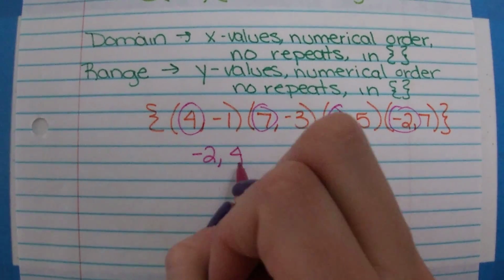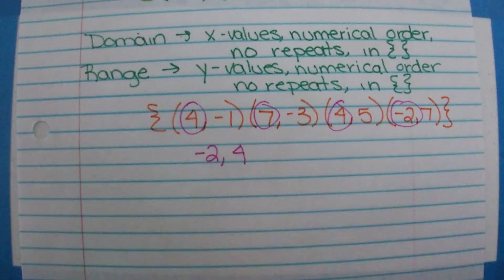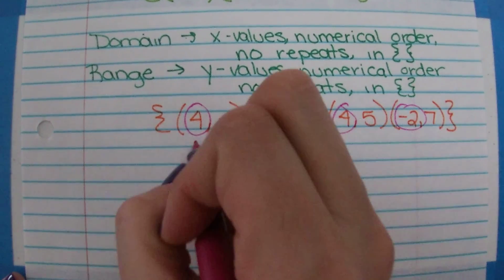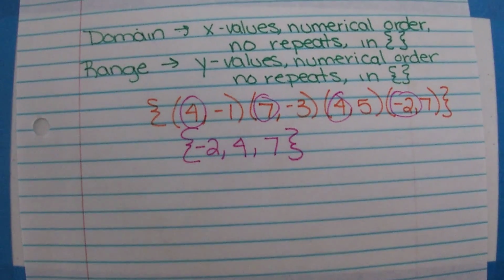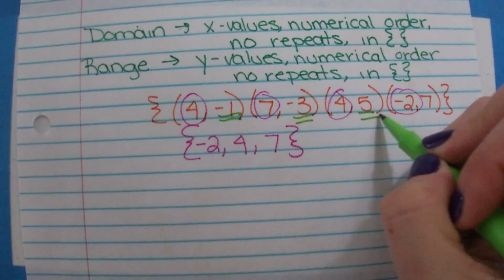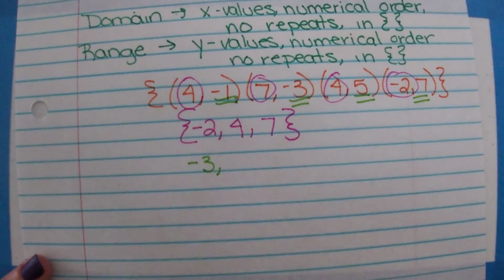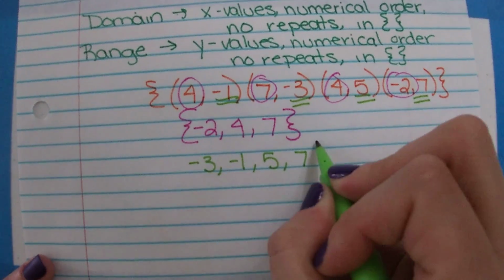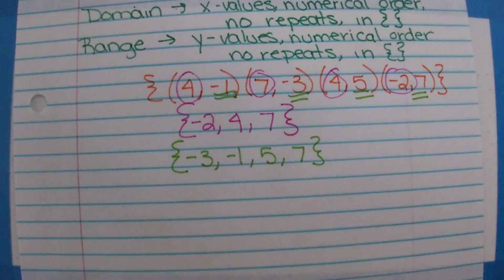Then is 4, but there's 2 of them, so I can only write it one time, right? No repeats. My last one is 7, and it needs to go in braces. My range will then be all of my y values. In numerical order, so -3 is the smallest, -1, 5 and 7, and then that also goes in braces.